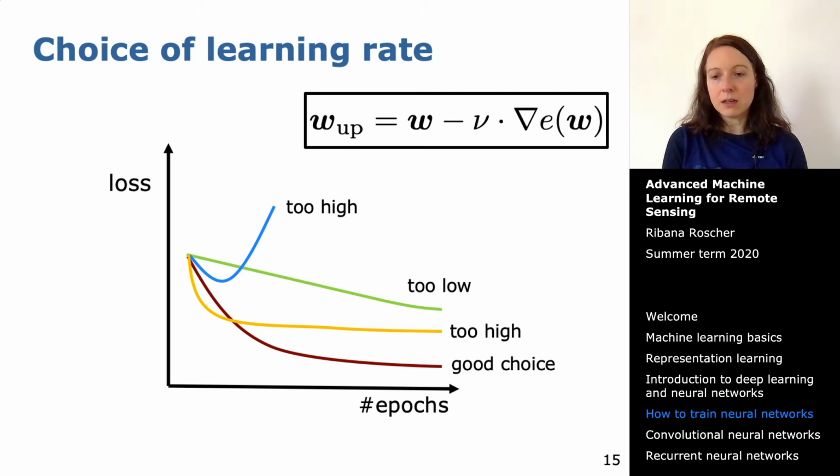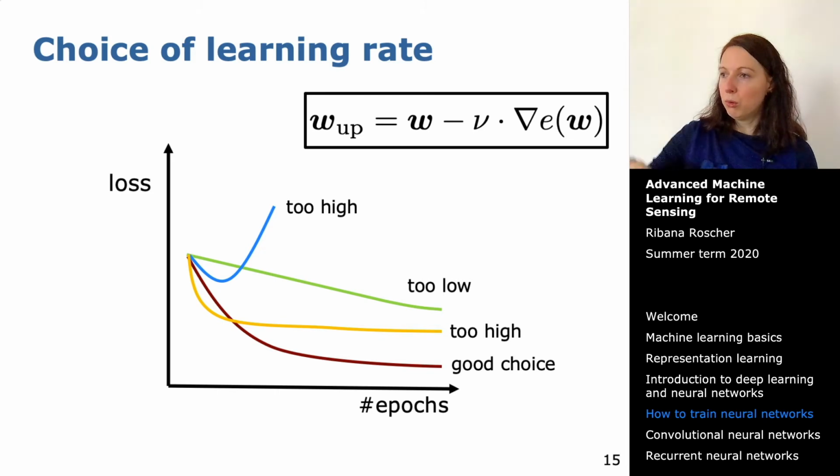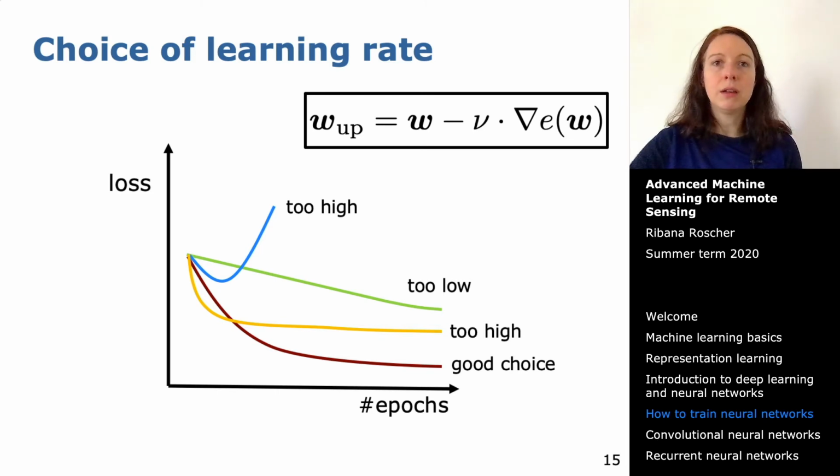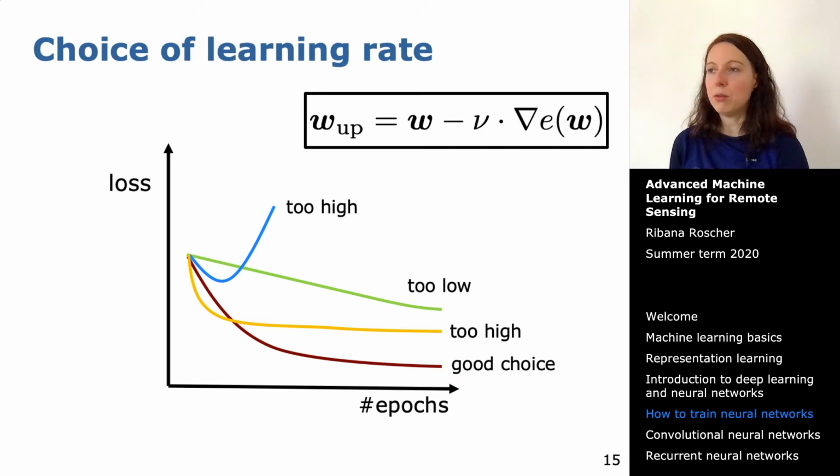Because you only want to move locally in the loss landscape, you apply this learning rate, so you can move locally, then evaluate the gradient again, and in this way reach the optimum in a good way.